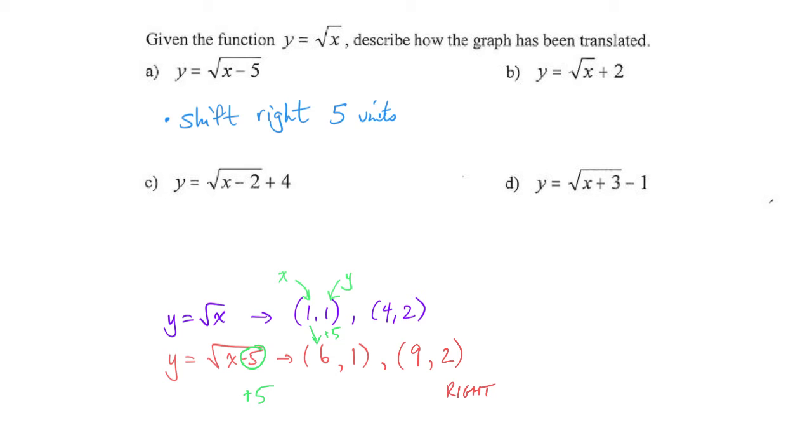So I'm hoping that that gives us just a general case for why we go in the opposite direction of that operation we see on the inside. So just very quickly, we should be good then that if I was to give you something like the square root of x plus 1, then what we have on the inside is we are going to make all of our x's 1 bigger than what they used to be.